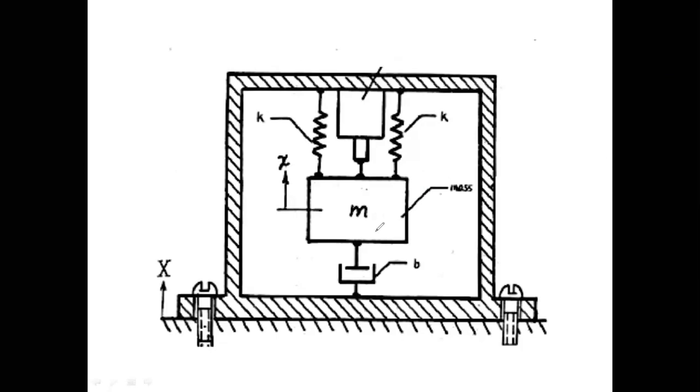So what is acceleration? If x is the displacement, then the rate of change of displacement with respect to time gives me velocity. dx by dt gives me the value for velocity.